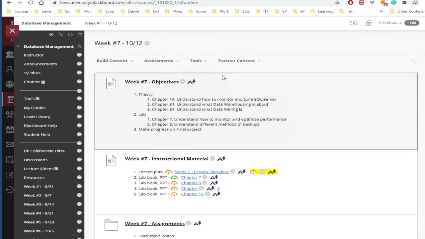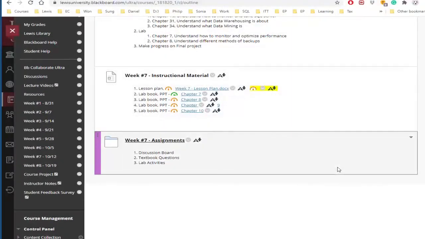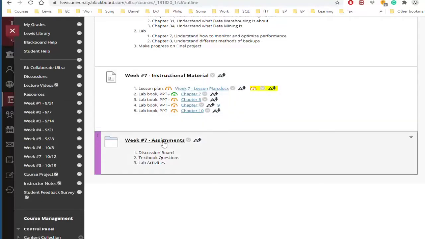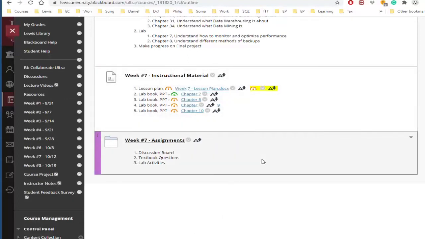As you can see, we have the list of those usual objectives, and then there's the instructional material, particularly the lesson plan, and there are the assignments. If you download the lesson plan, you will see it, which I'm going to go through in a minute.